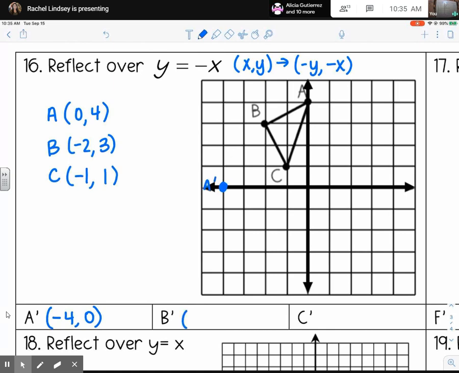Where's B prime going to be? Negative 3, positive 2. And then C prime, negative 1, positive 1. It actually ends up at the same spot because it's on the line of reflection.